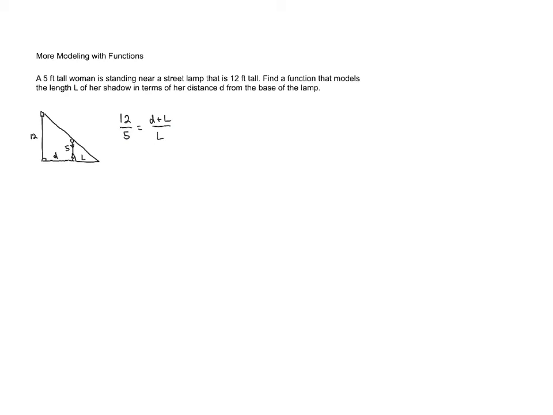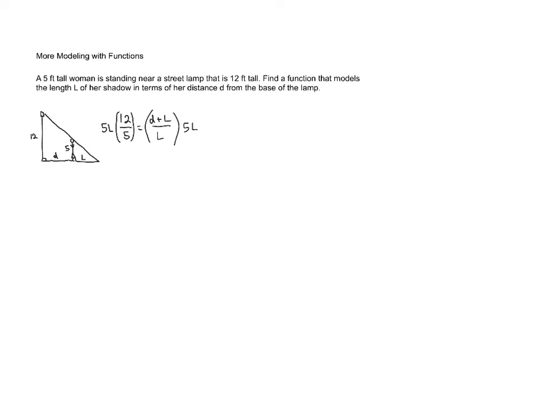Now here we have an equation with fractions in it, and to get rid of the fractions, to make it a simpler relationship, we need to multiply by the LCD. In this case, the LCD is 5L. So if we multiply both sides by 5L, we're going to be able to get rid of those fractions, which will make things easier to deal with.